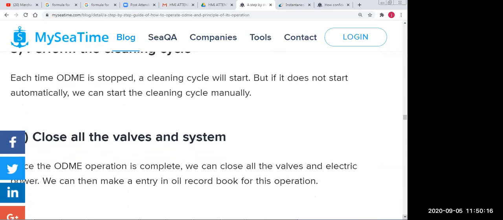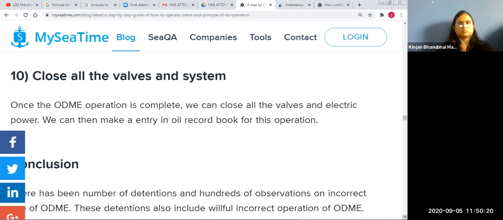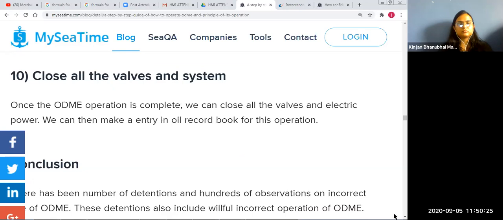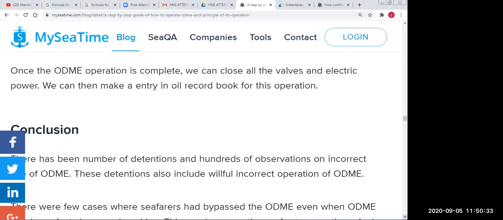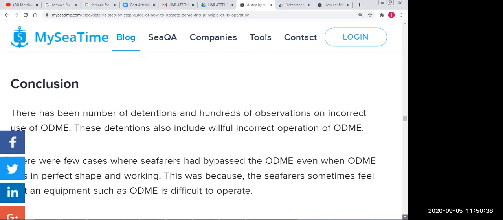After stopping the operation, we perform the cleaning cycle for sanitizing, and then close all the valves of the system, and the electric power we also shut down. We make the entry in the oil record book for this operation.